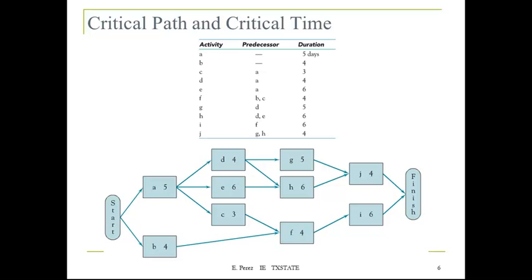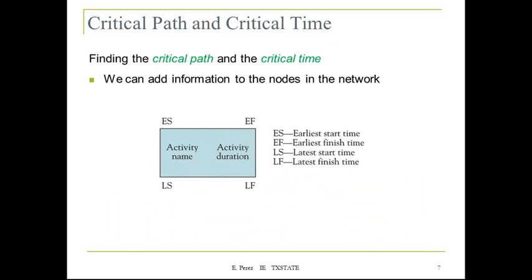From that we can develop this type of network, in which we have a node representing the activity and the duration. From here we can find the critical path and the critical time using this information, and this was part of the exam. You needed to identify the earliest start time, earliest finish time, latest start time, and latest finish time for one of the networks.